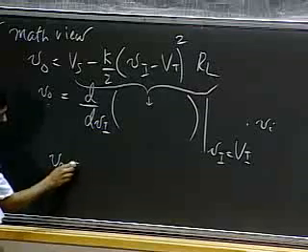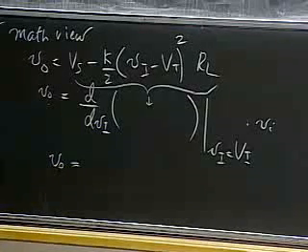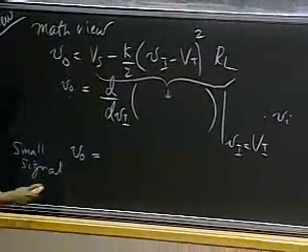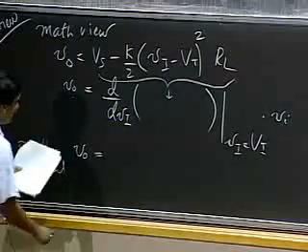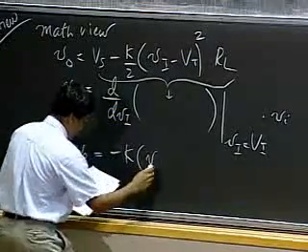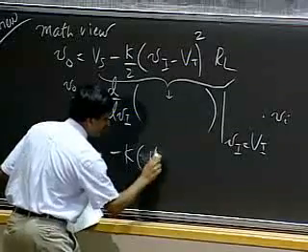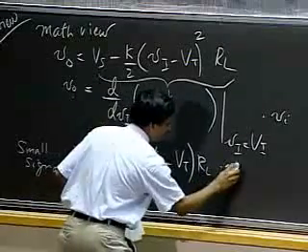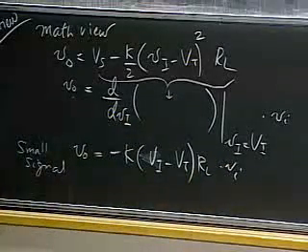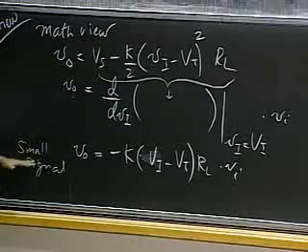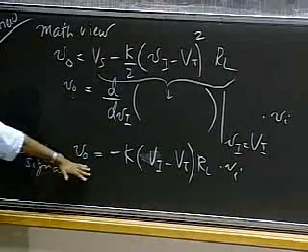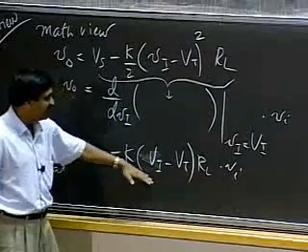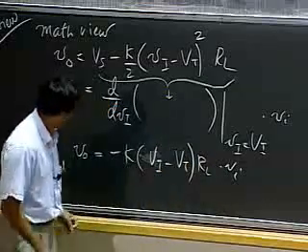And the resulting expression that we got for small vo was simply minus K (VI minus VT), okay, this was our DC value, and RL times small vi. So we derived all of this the last time, so there's nothing new so far.